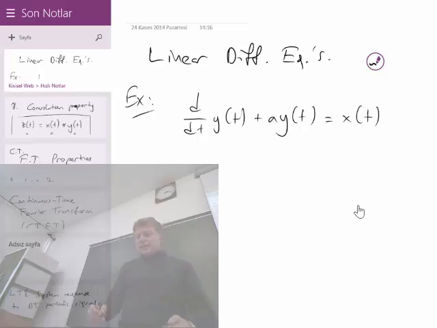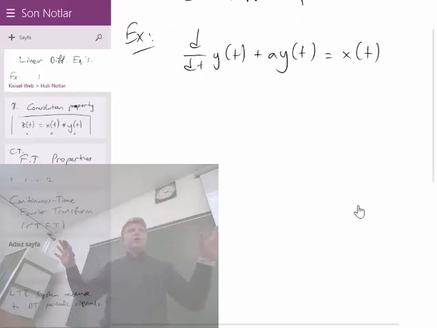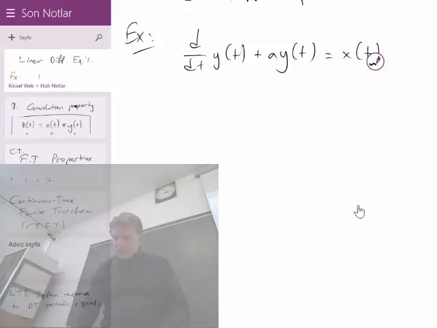Because we know that when you take the Fourier transform of both sides of this equation, you will have this kind of a situation. What is the Fourier transform of a derivative of a signal? J omega times, exactly. So there it is. Oops, it's not x, it's y of j omega.